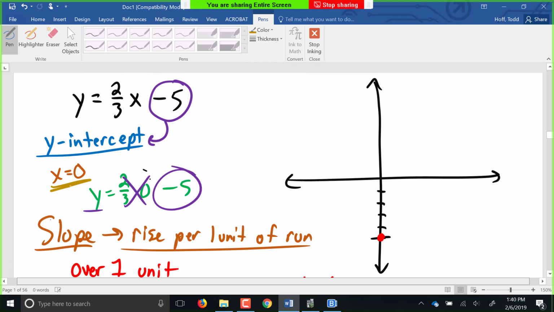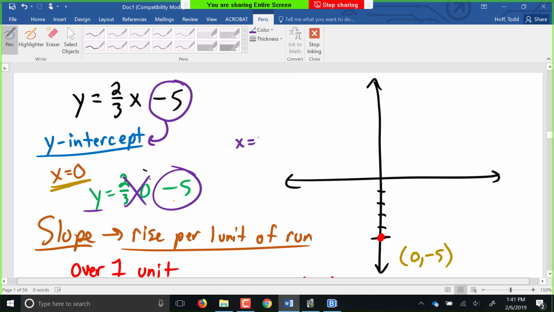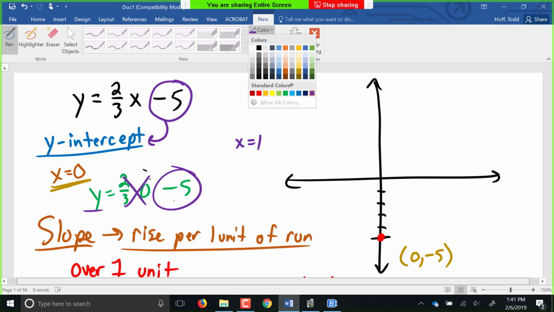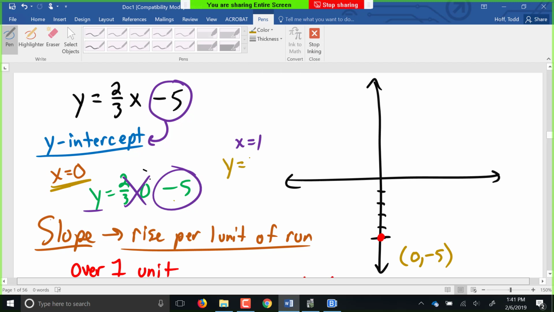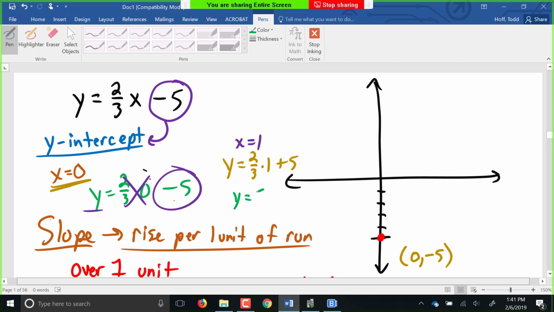We already picked one here as x equals 0, y equals negative 5. So let's go over 1 unit. So if x equals 1, what's y going to be? y will equal 2/3 times 1 plus 5. 2/3 times 1 is 2/3. Plus 5 is 5 2/3. y equals 5 2/3.